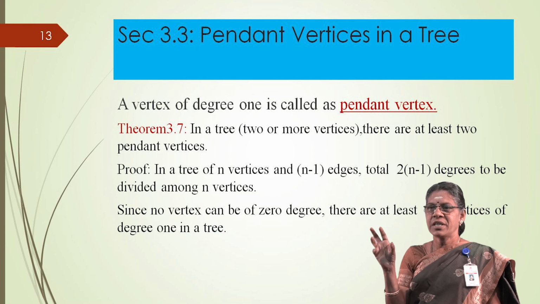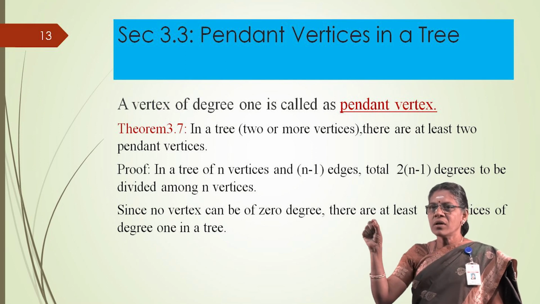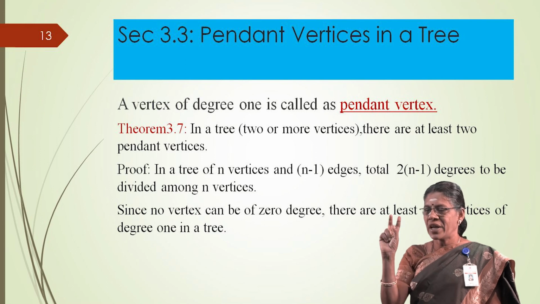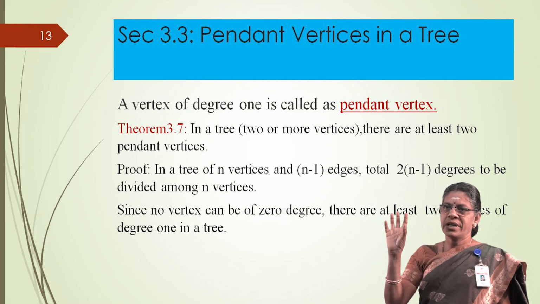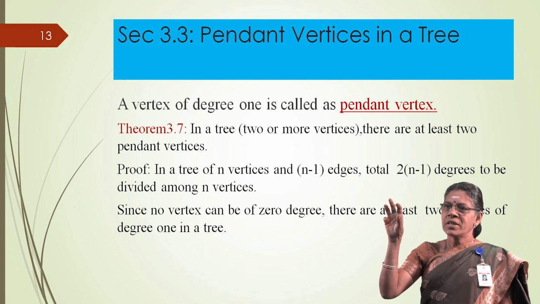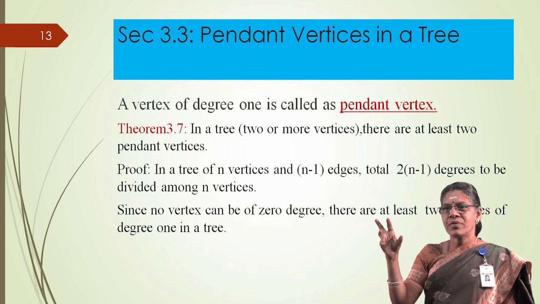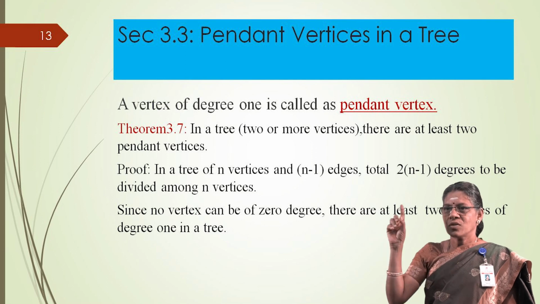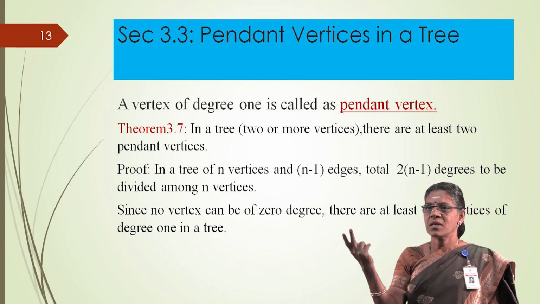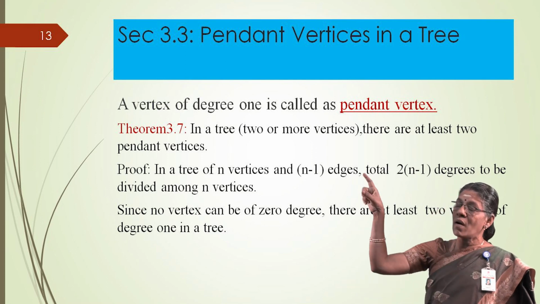For the tree, these 2 into n minus 1 degrees must be divided among all n vertices.